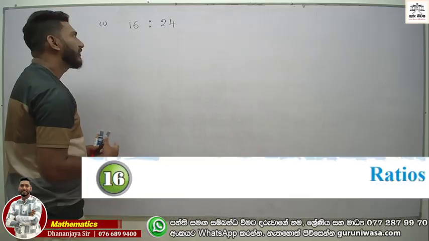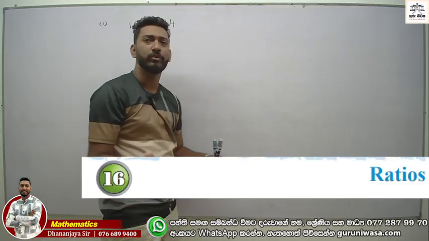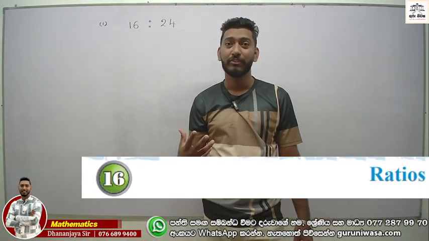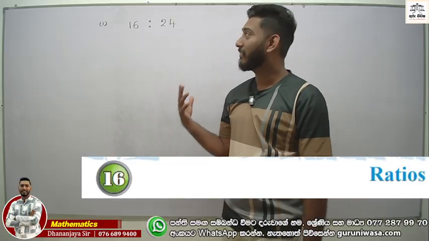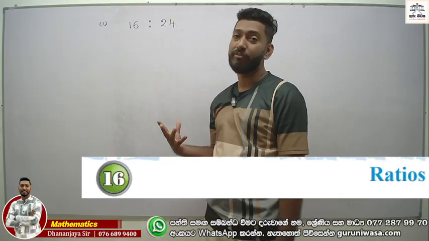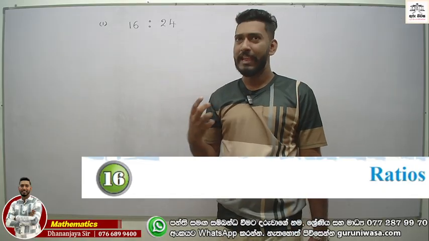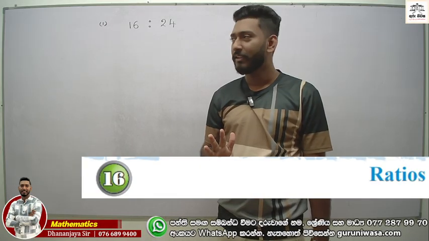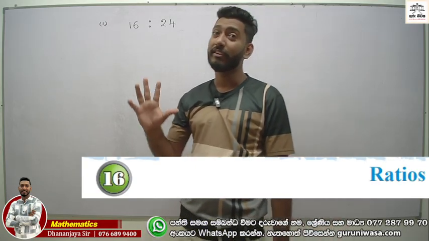Some students say, sir, we can simplify by 2. Yes, it's correct. But you have to simplify by the HCF, the highest common factor of these two numbers, the largest number that can divide both, right? The possible answer becomes the greatest one.